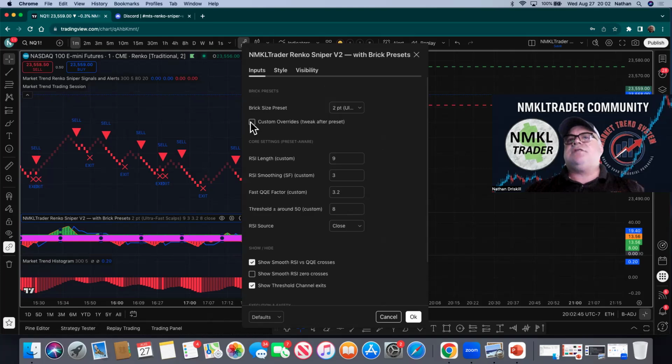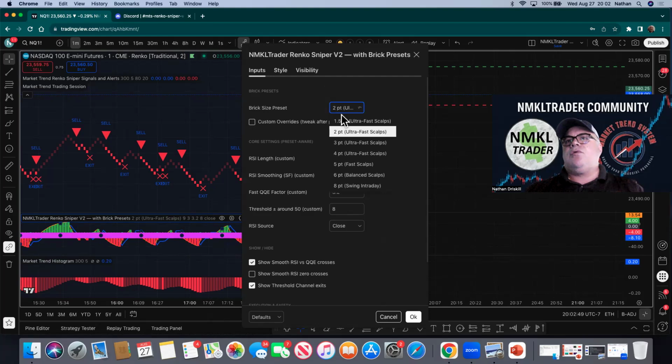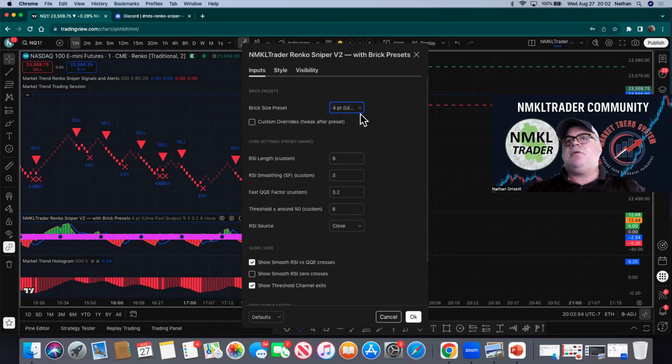If you uncheck this, it's going to immediately default to this 2-point, or if you select a 4-point or a 5-point, okay, it's going to go straight to those. But if you check this, it's now going to go back to these settings here. Does that make sense? Okay.